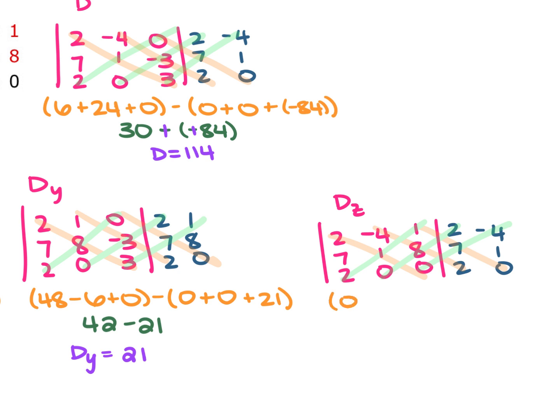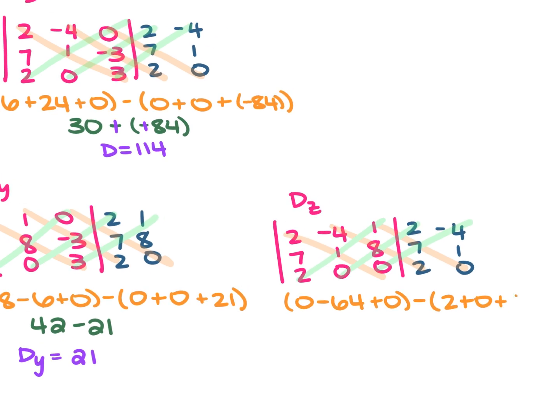Negative 4 times 8 is negative 32. Times 2 is negative 64. And then 1 times 7 times 0 is 0. Minus 2 times 1 times 1 is 2. 0 times 8 times 2 is 0. And 0 times 7 times negative 4 is 0. So this simplifies to give you negative 64 minus 2, which means d sub z is negative 66.